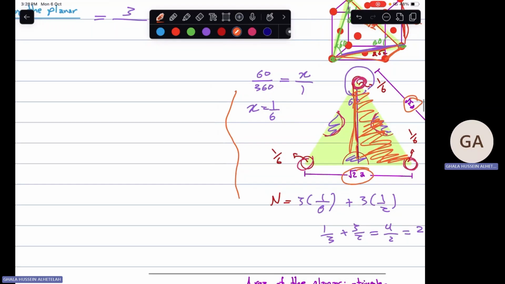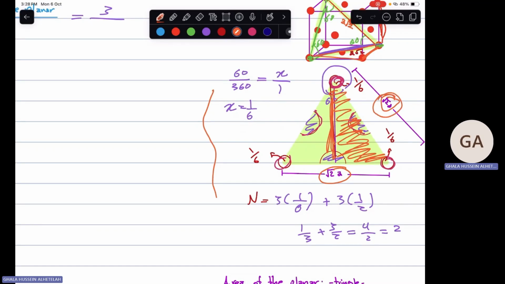The hypotenuse, which is equal to square root of 2a, all squared, is equal to half of it, square root of 2a over 2, all squared, plus our height, which we have to find.